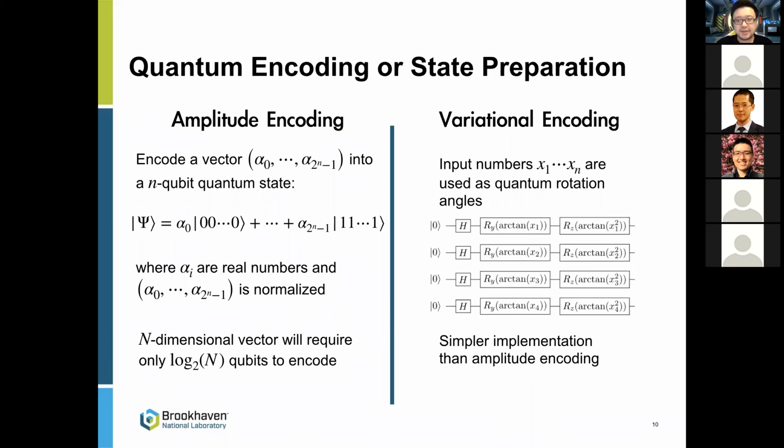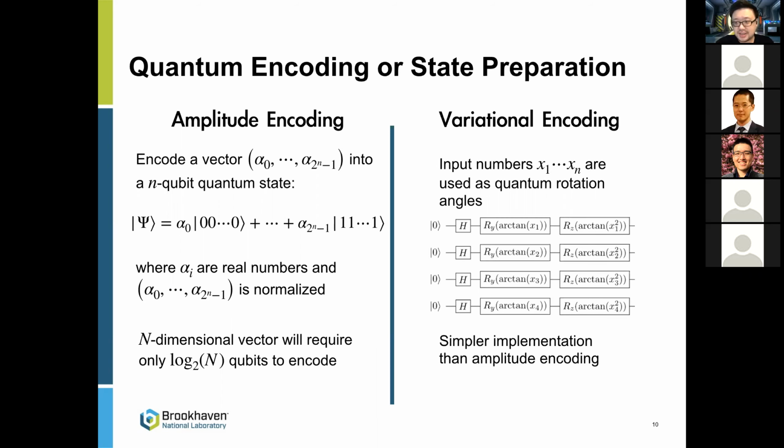Actually, there is a circuit to encode these values directly into the quantum amplitudes. We also need to mention that these vectors should be normalized first, because as we mentioned earlier, the total probability is 1. And there's a great advantage theoretically that an n-dimensional vector will require only log 2 n qubits to encode.